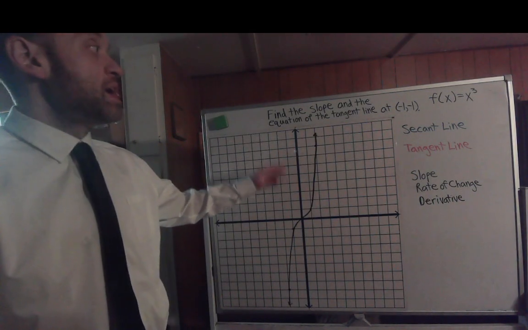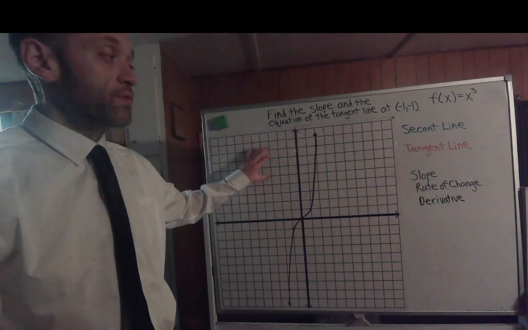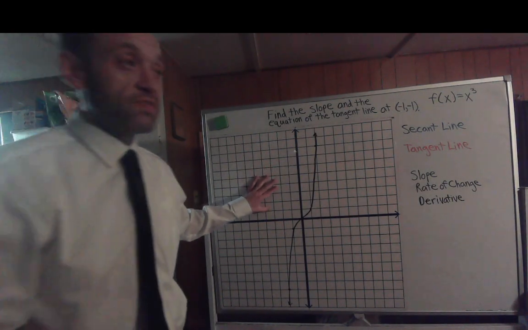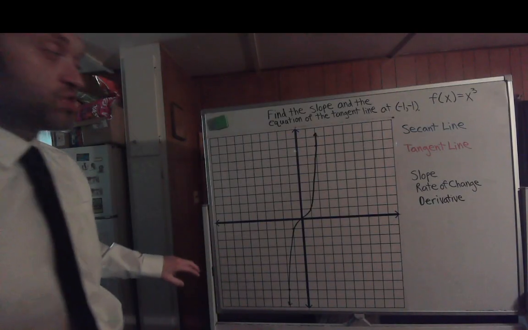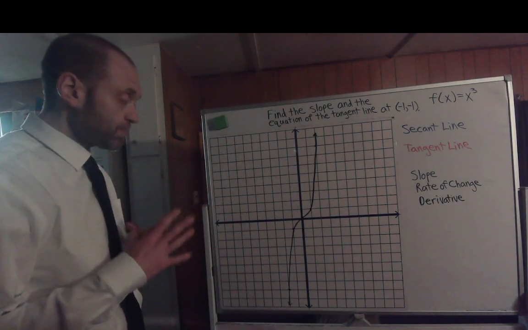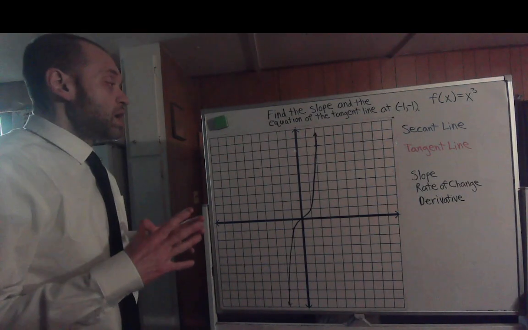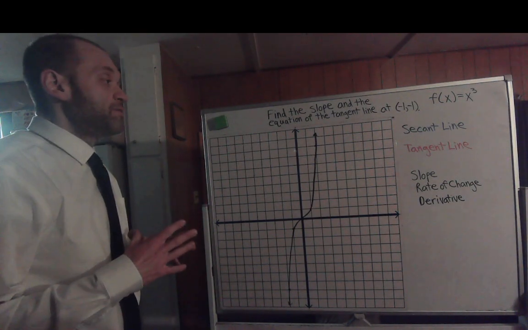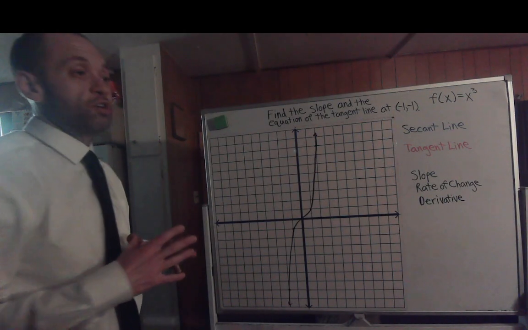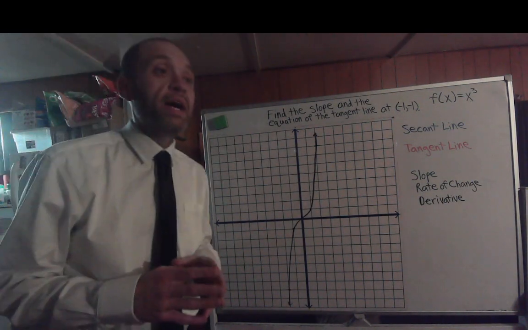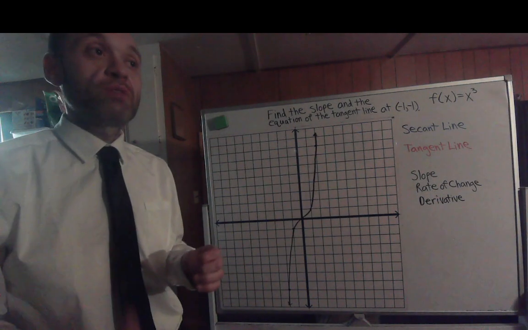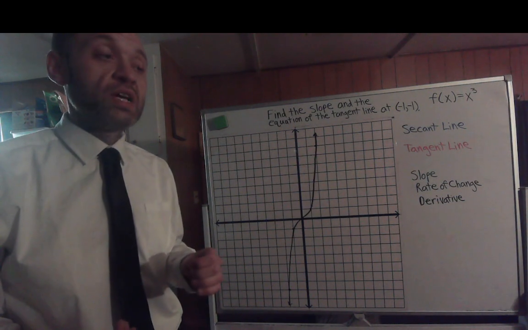So that in general is the goal of calculus for the derivative side and finding slopes and tangent lines. Now, you may be familiar with the term tangent line all the way back to geometry, especially when we talked about circles.